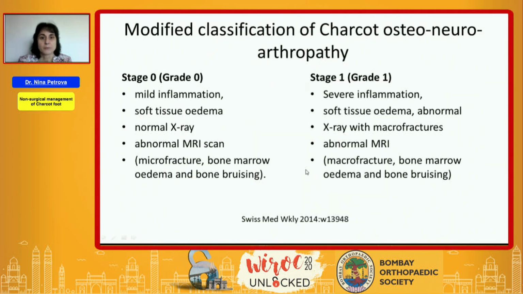This has been further proposed into a modified classification, in which in addition to the classical 3 Eichenholz stages, there is a further stage, stage 0, which is notified by mild inflammation and edema. The X-ray is normal, but there is abnormality on magnetic resonance imaging, including microfracture, bone marrow edema, and bone bruising. This stage 0 precedes stage 1, well recognized by its severe inflammation, soft tissue edema, and macrofractures, which can be noted both on X-ray and magnetic resonance imaging.